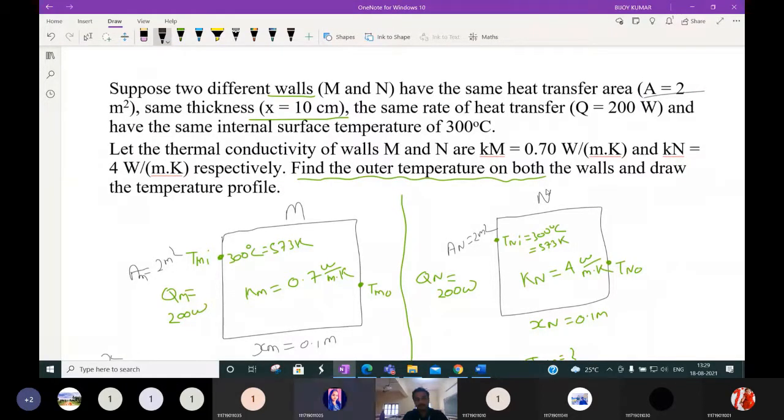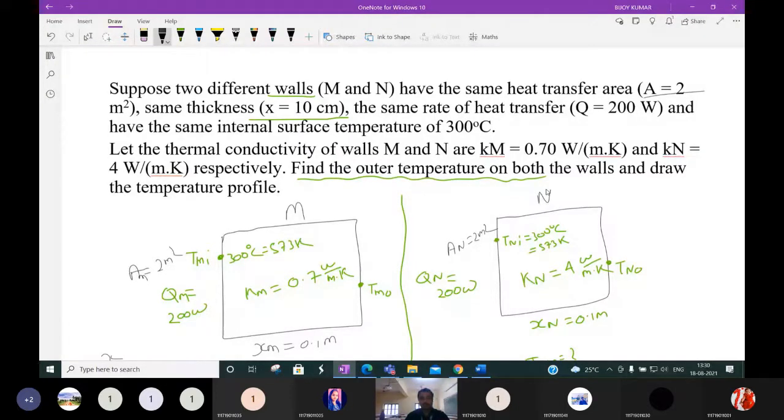The given data, sir. Then we can find the TMO value and TNO value. So the question is, there are two walls, different walls, wall M and wall N. They both have the same heat transfer area.